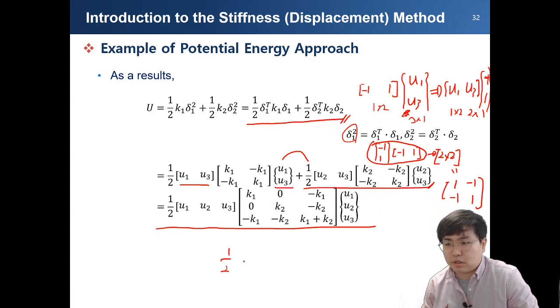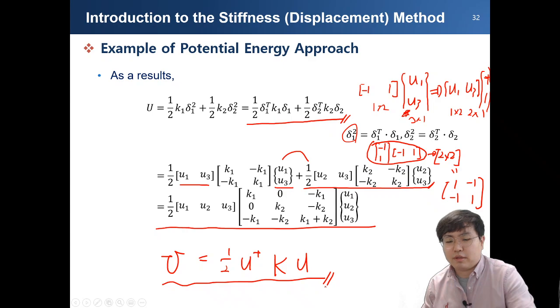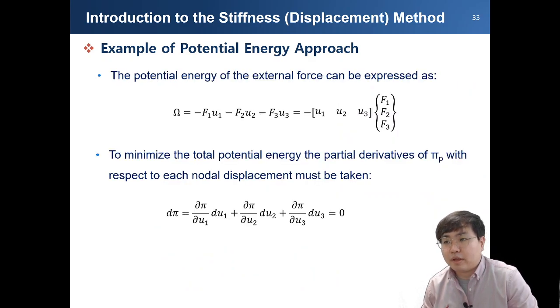This part is u transpose, maybe the global stiffness matrix, and u, so that is maybe the total energy. Just remember that the total energy of the discretized system can be expressed like this, and then also the external forces on each nodal point.